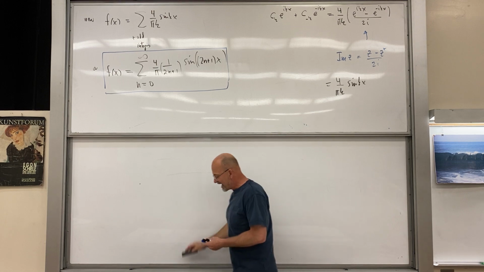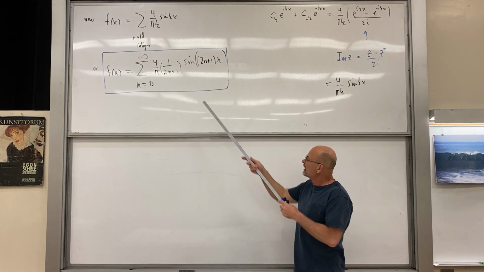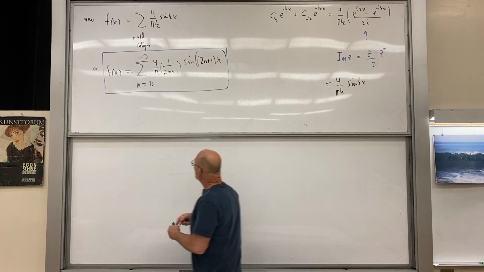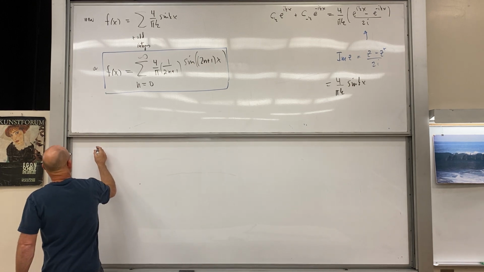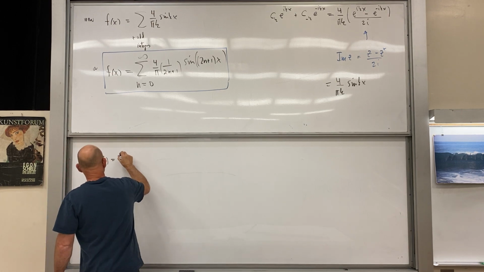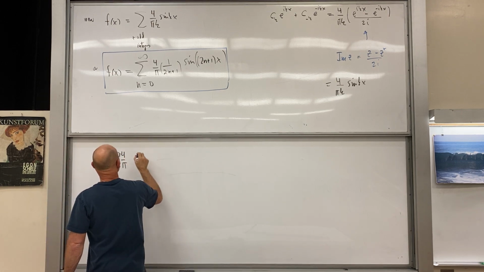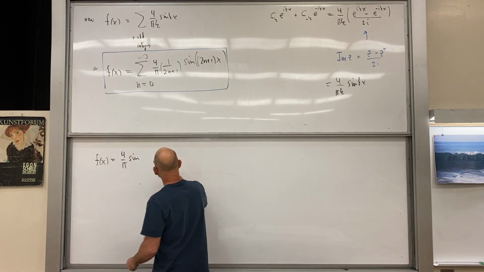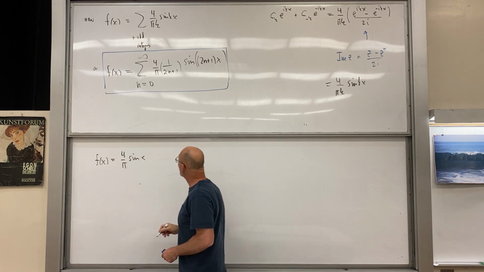So if we just write out 3 of these, we'll actually see what's going on very nicely. So we have f of x equals 4 over pi sine of x. Okay, that's the first one.